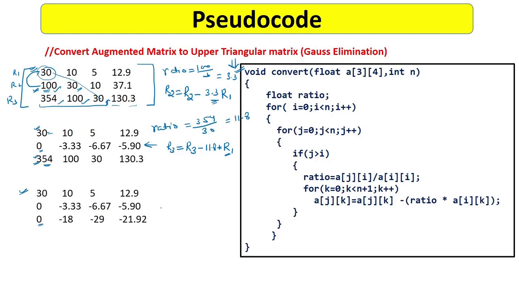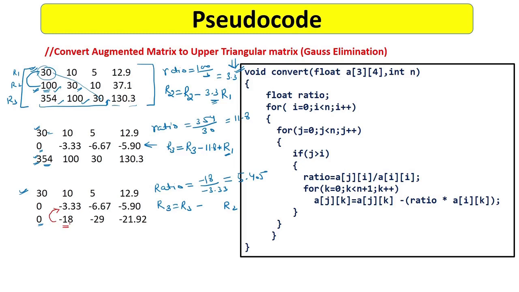Now again I will apply the next row operation. As we have to convert this minus 18 to 0, so that my whole matrix is converted into an upper triangular matrix, I will take the help of this upper row, that is row number 2.